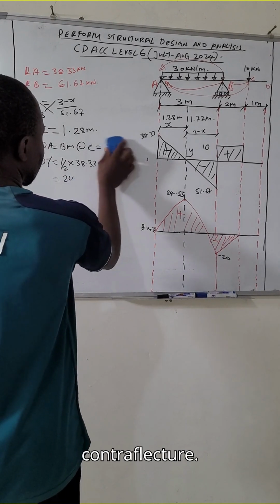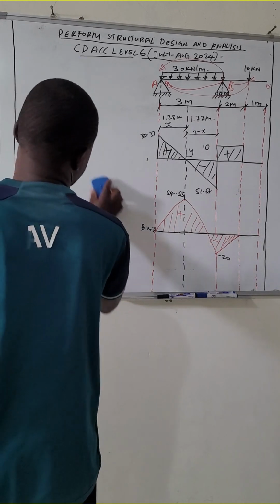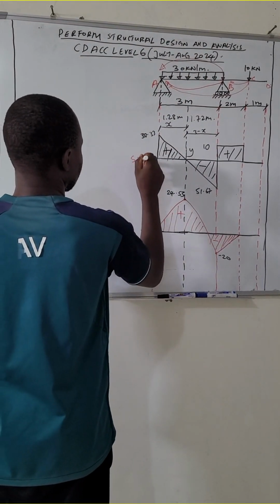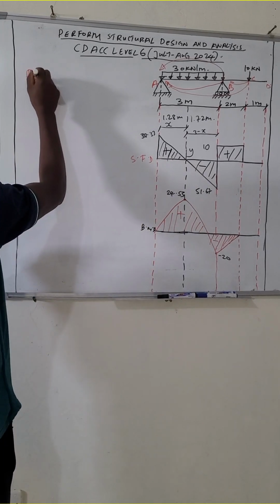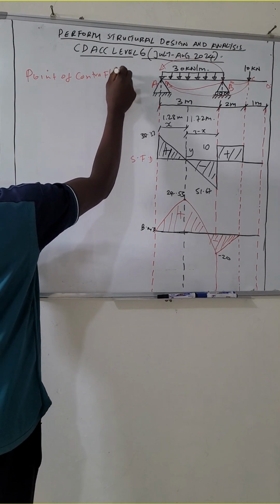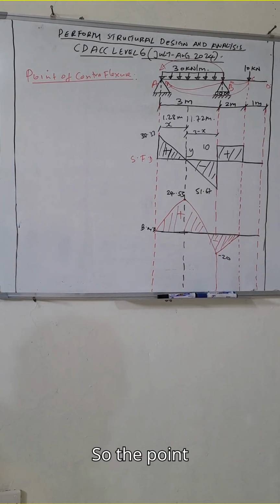The point of contraflexure is where the bending moment is zero, and it changes sign from positive to negative.